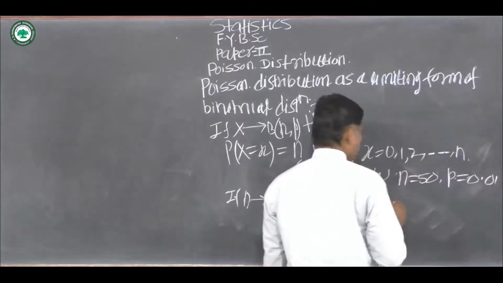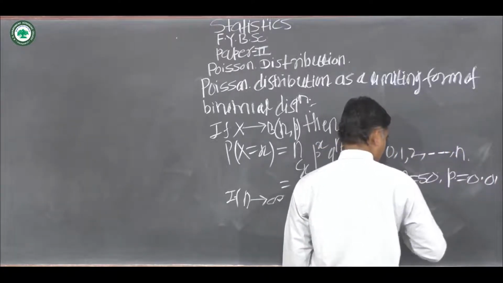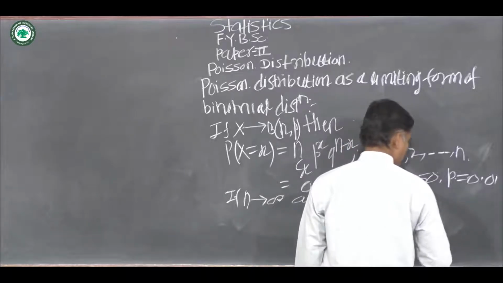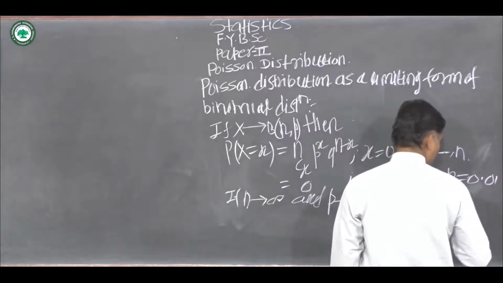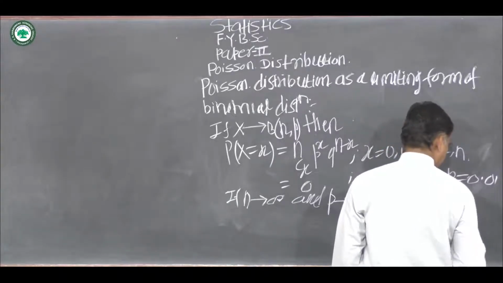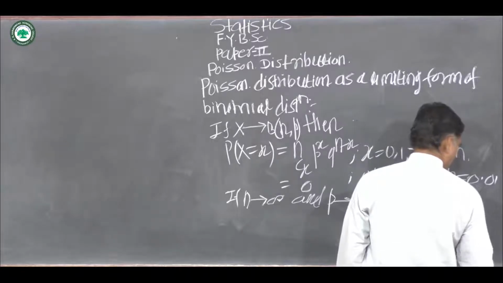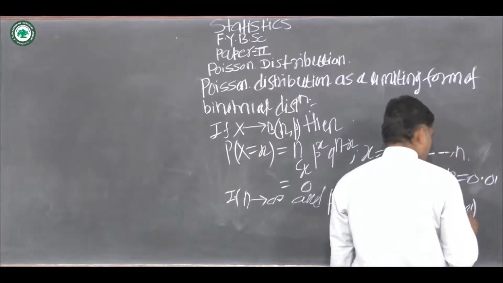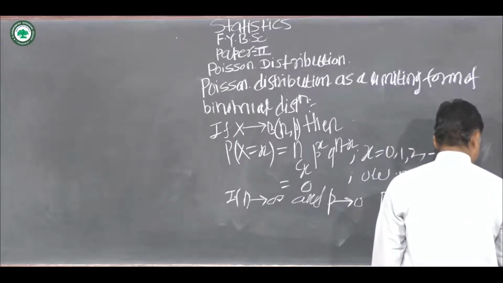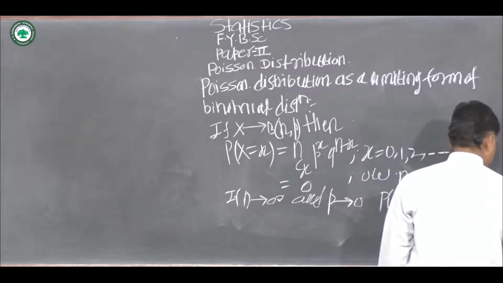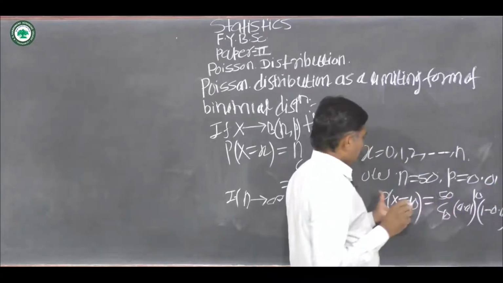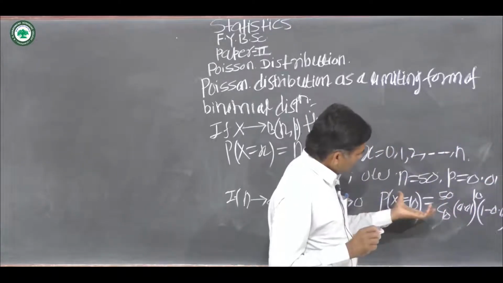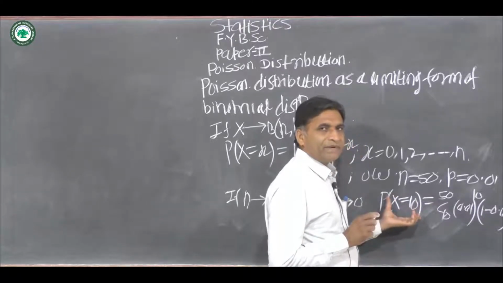Then the probability of x equal to 10 is equal to 50c10 into 0.01 raised to 10 into 1 minus 0.01 raised to 50 minus 10. Using binomial distribution to calculate this probability is very difficult.